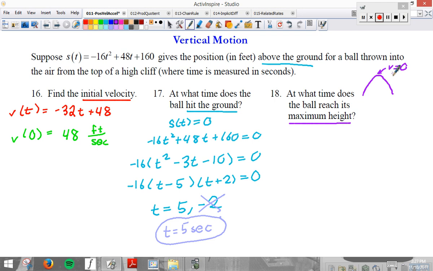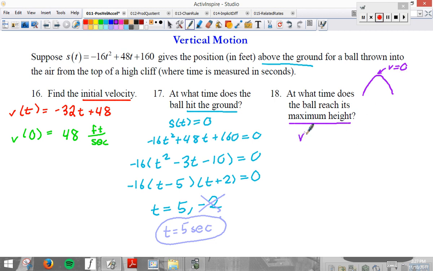That's just a fact of physics, motion on Earth. Once it starts to come back down to the ground, the velocity is changing from a positive velocity, which for vertical motion means we're going up, to a negative velocity, which for vertical motion means we're going down. So we know that the peak, the maximum height, will occur when v equals 0.